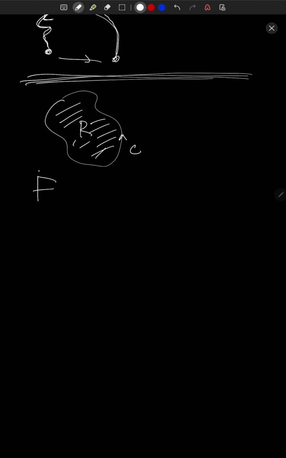Let's examine what happens if I just use the simple vector field F equals 0 comma x. I'm going to use the curl version of the fundamental theorem. You could do this same discussion using the divergence version, and your F would be actually nicer, but I'm going to do it this way because I think this is the more common way to see this.